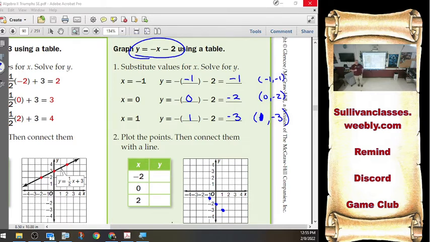The reason I made those dots already is look at their table. You see how they goofed up? Instead of -1, 0, 1, they said -2, 0, 2. Can you figure out the pattern though? When I come to -2, what is the y going to be? Follow your steps.